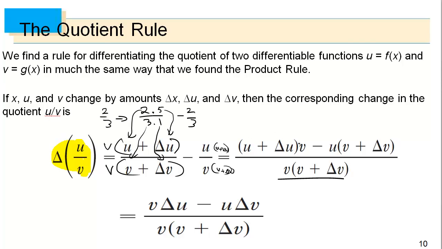Do the foiling, right? You get uv plus v delta u minus uv, right here, and then minus u delta v. The uv and the minus uv cancel, and you're left with v du minus u dv, right? V du minus u dv. And then the bottom doesn't change at all.